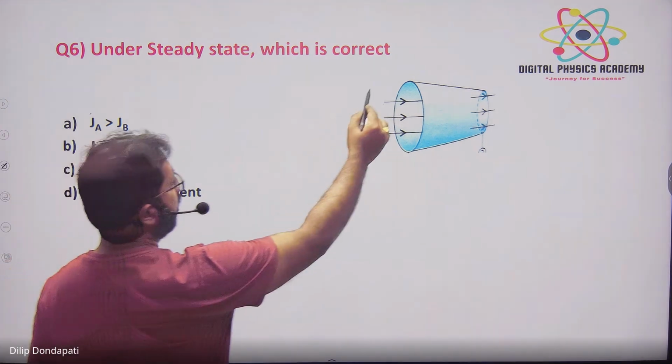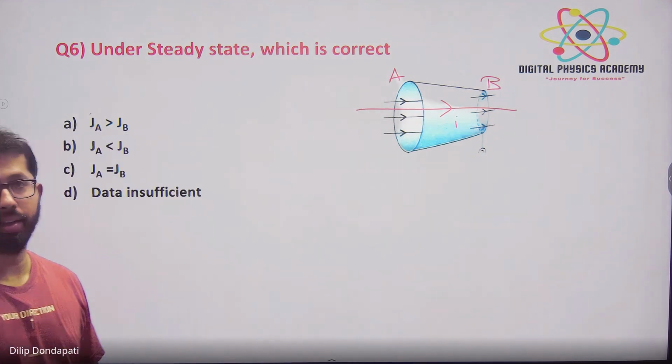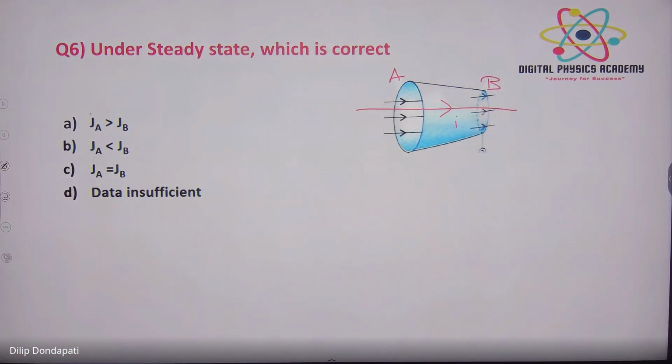This is A, this is B. Steady state means the current is the same in both cross sections, the current is I only. Which means the current density is more in which one, in cross section A or in B?